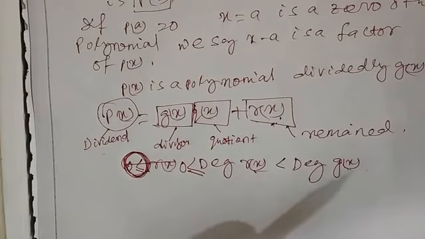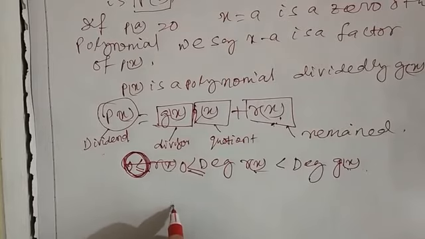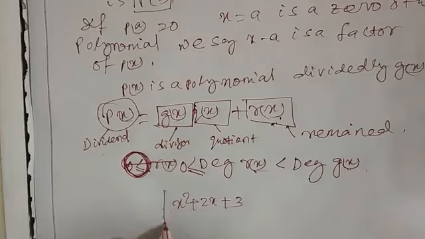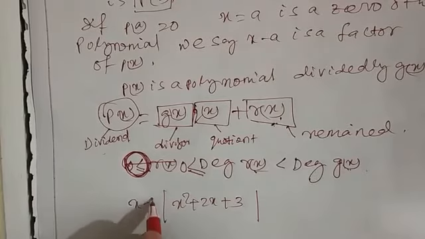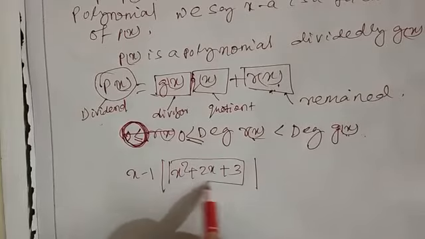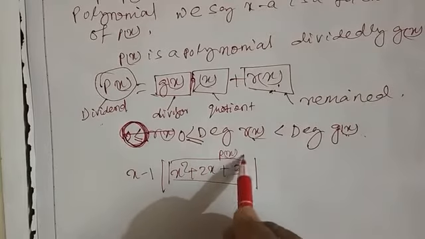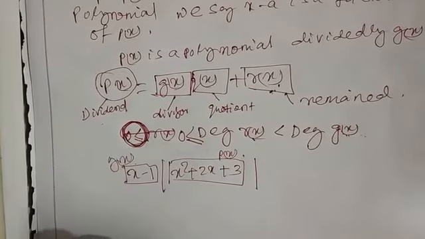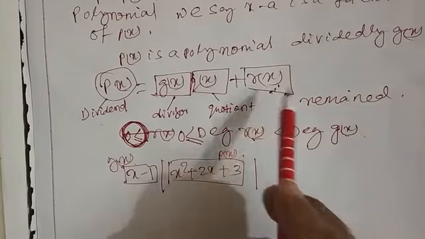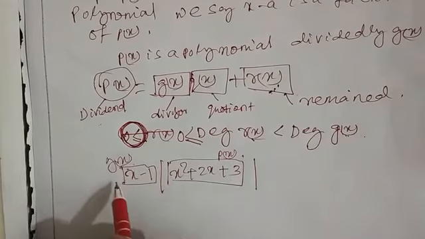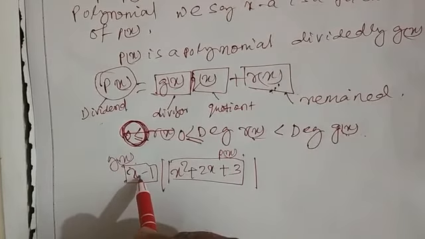Okay. For example, if I divide x square plus 2x plus 3 by x minus 1, then this is my p(x). So this is my g(x). So the remainder's degree must be less than degree of g(x). This is first degree linear polynomial.